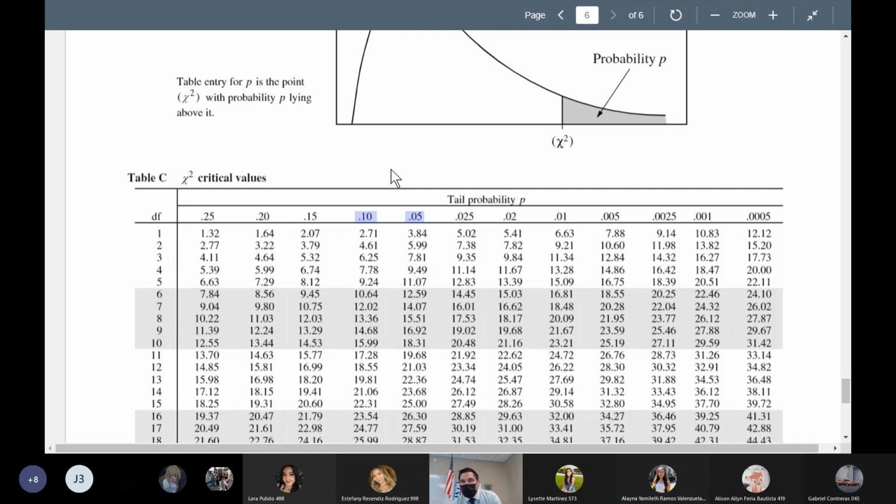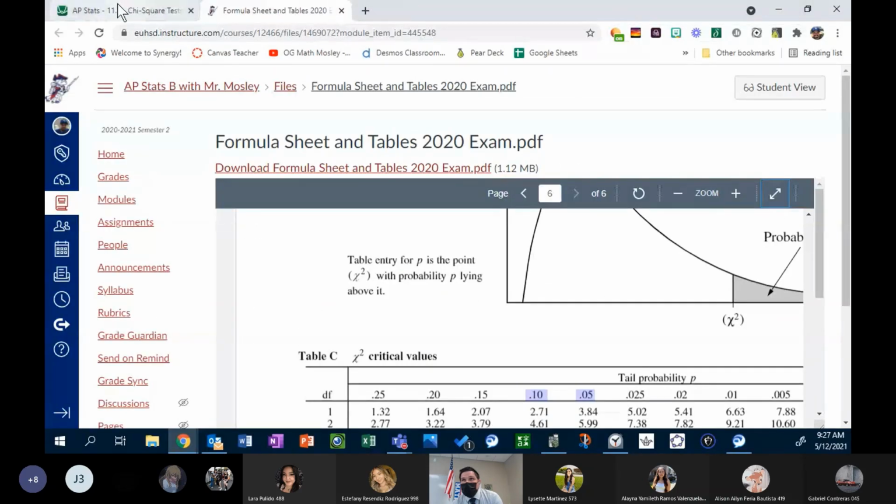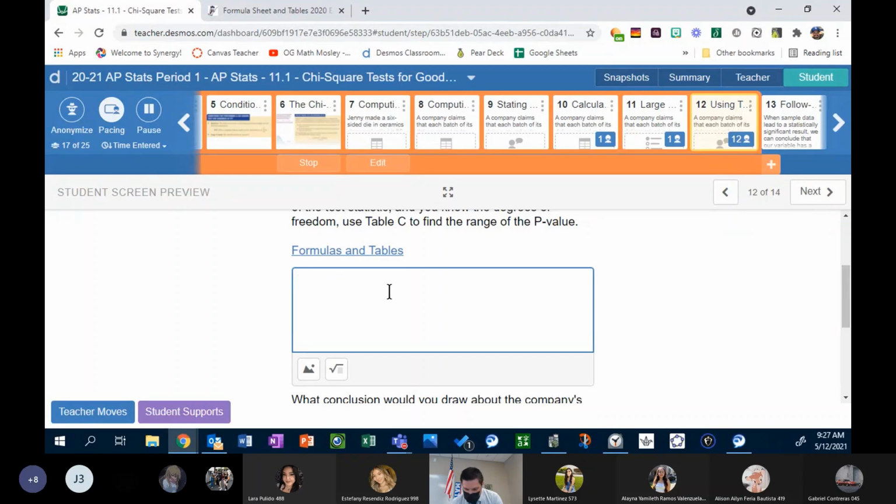If we write it as an inequality, we could say that 0.05 is less than the p-value and less than 0.10.